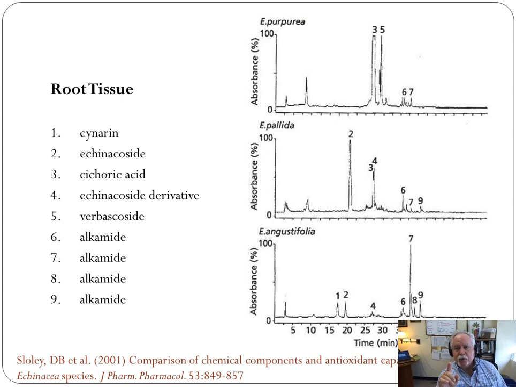We can see that 1 and 2 are missing from purpurea. From pallida, we can see that 5 is missing, and not any of 1 apparently. And then in the bottom one for angustifolia, you don't see any of 3 or 5.